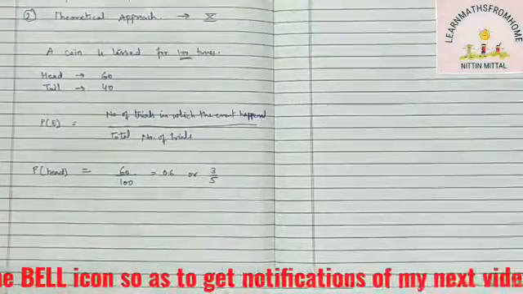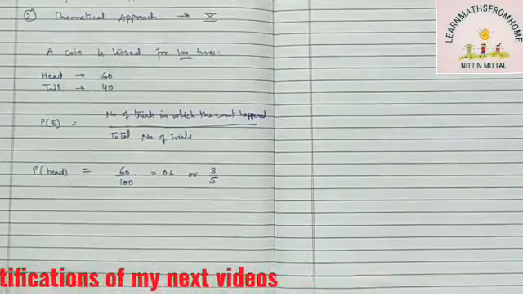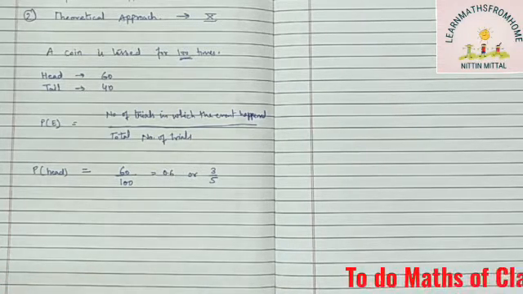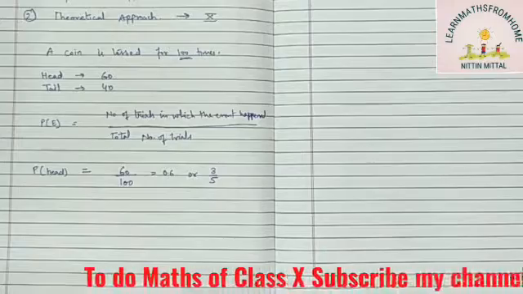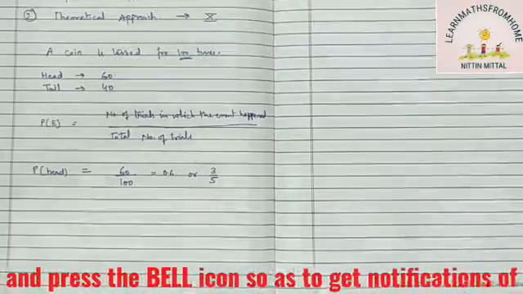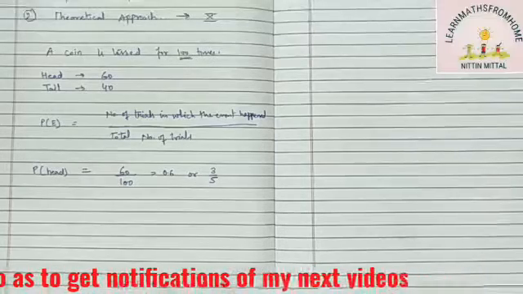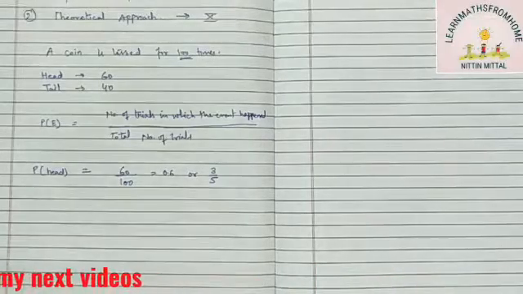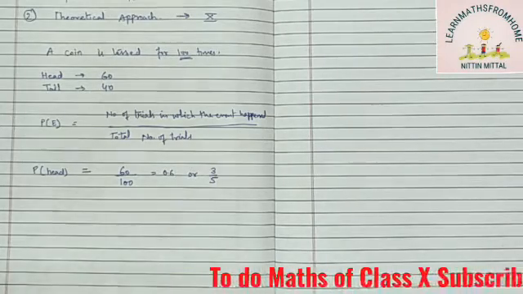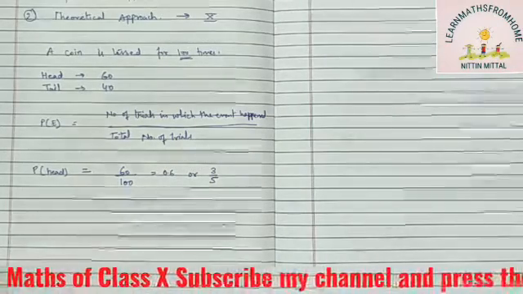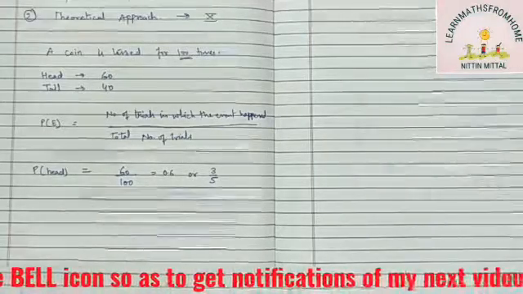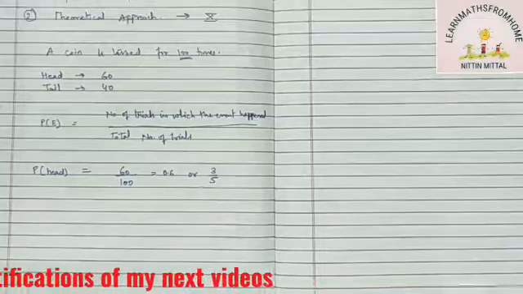As I said earlier, in case of a random experiment, the occurrence of outcomes is not pre-decided like deterministic experiments. For example, if we toss a coin, it is not that every time head will come or every time tail will come.